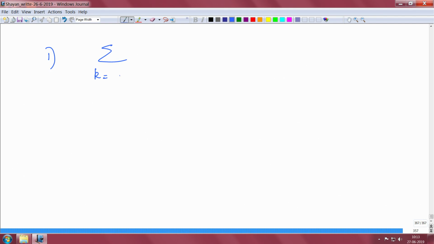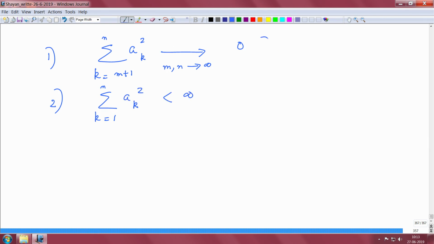The partial sum, summation k equals m plus 1 to n ak square, tends to 0 as m comma n tend to infinity, that is, this converges to 0, and summation k equals 1 to n ak square is finite. In the square sum it is basically finite.